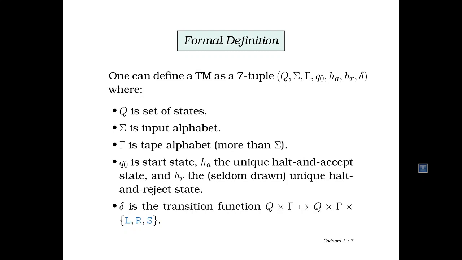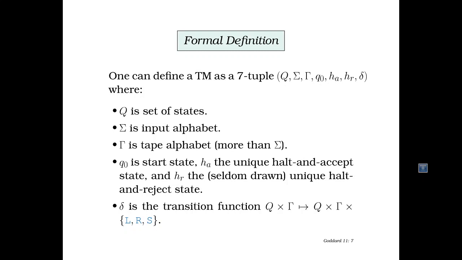So sigma represents the input alphabet. Gamma is the tape alphabet. Q naught is the start state. HA is the unique acceptance and halting state. HR is a unique halt and reject state.